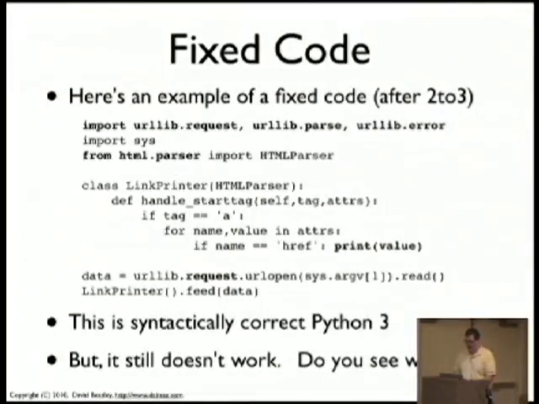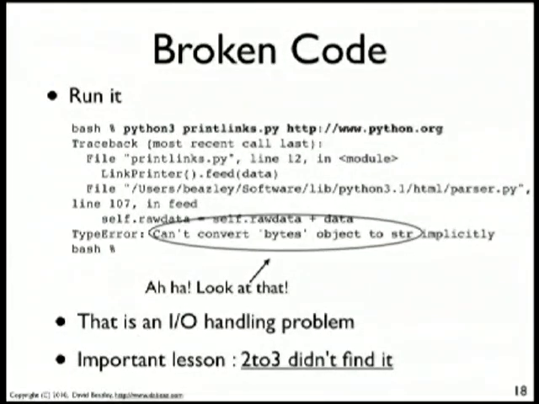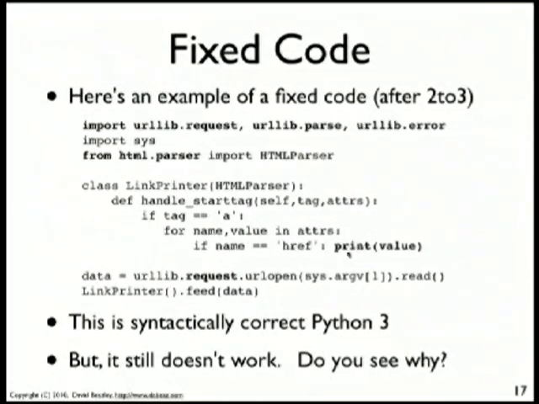So if you try this, you'll get a program that is syntactically correct Python 3, but it doesn't actually work. The reason is that there's an I/O handling problem in the code that 2to3 did not find. You get this message saying can't convert bytes to an str. What's going on is that urlopen is returning byte data, but the HTML parser is working with Unicode text, and the two do not match together in Python 3.